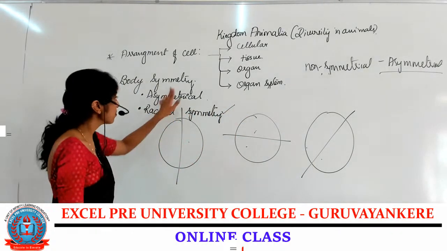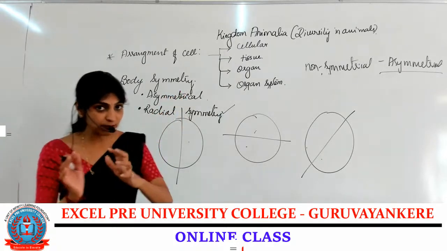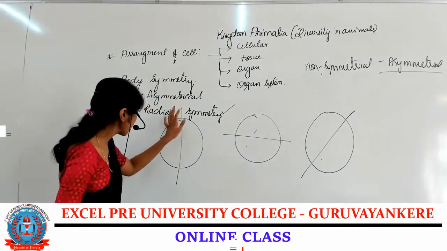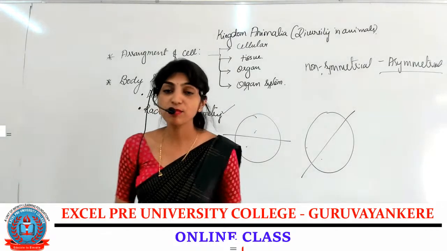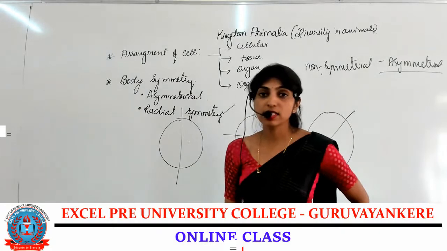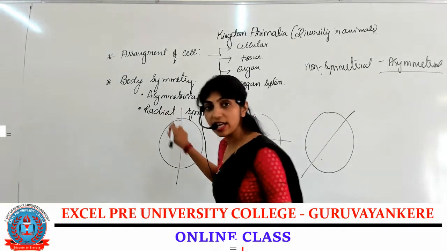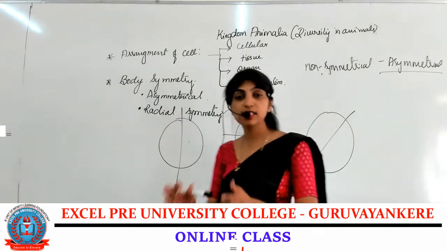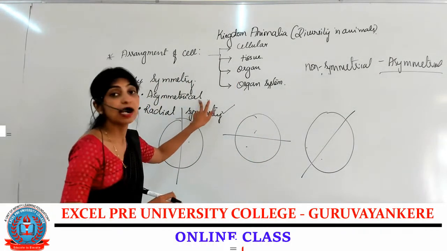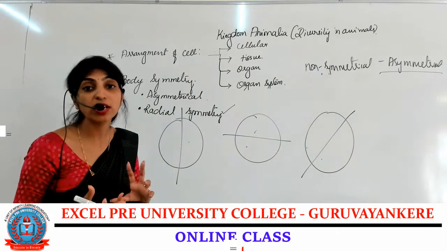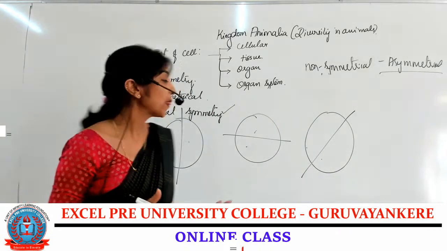I repeat, based on body symmetry, the animals are classified. The first one is asymmetrical. If I divide an organism through the central axis and do not get equal halves, I call it asymmetrical. Their body does not have any symmetry.